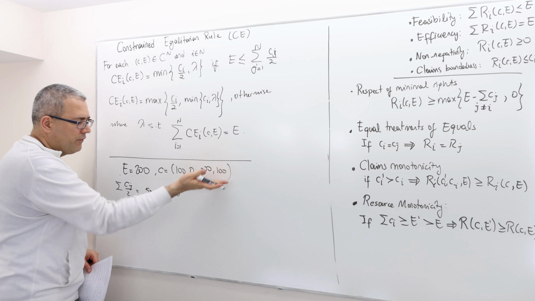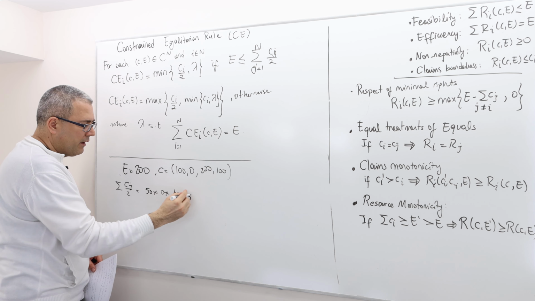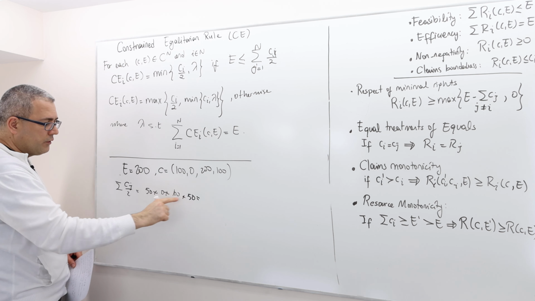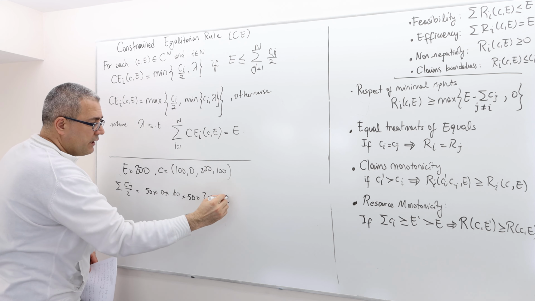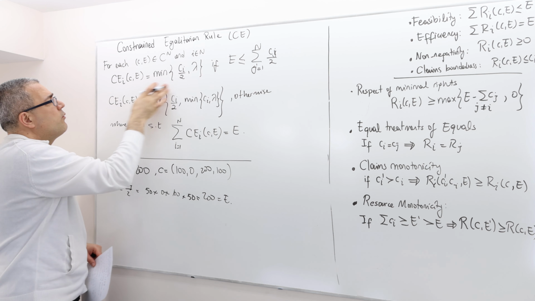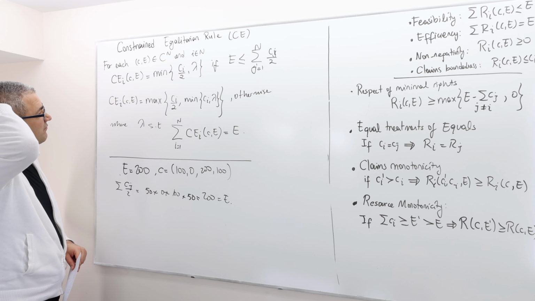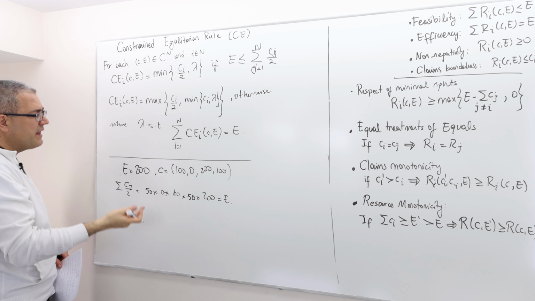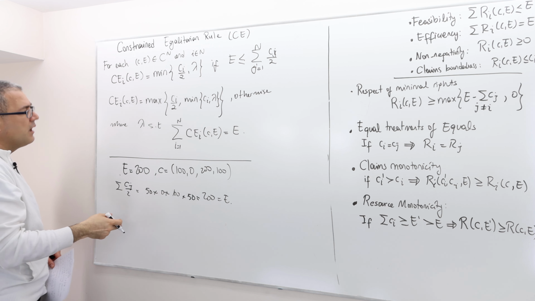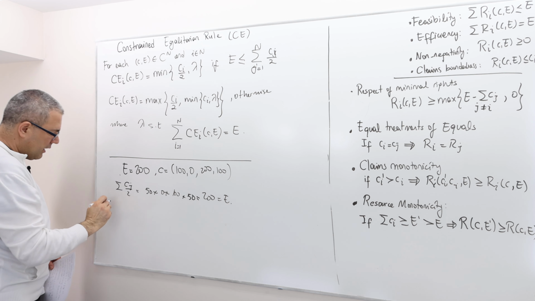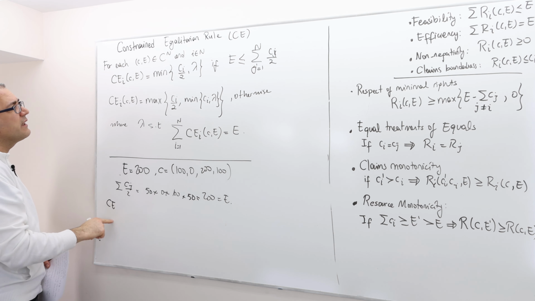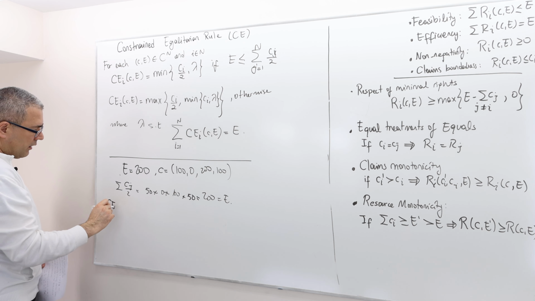I'm just taking the half of all the claims and adding them up, 50. So this is equal to 200, which is exactly equal to E. So therefore, we basically satisfy this, all right? Well, then what do we have? Well, we have therefore the constraint egalitarian rule.